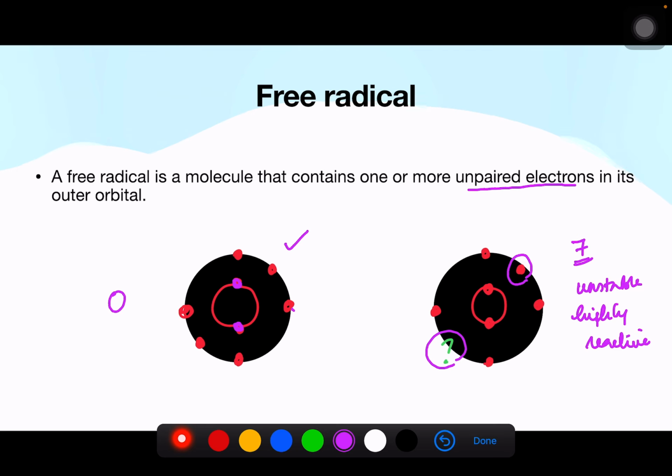Why is it so? Because it tries to satisfy itself by borrowing electrons from other molecules, making them a free radical. So it will always be highly reactive because it will always be in a state of borrowing. So it will try to satisfy itself.